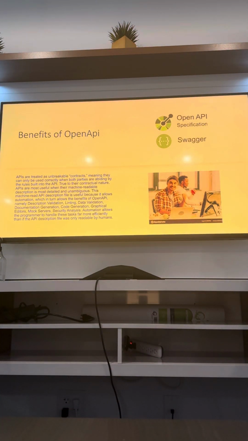And so APIs in general are treated as unbreakable contracts, in which both parties are abiding to a certain set of rules. They're at their most useful when both machines and humans can read them clearly and understand them.